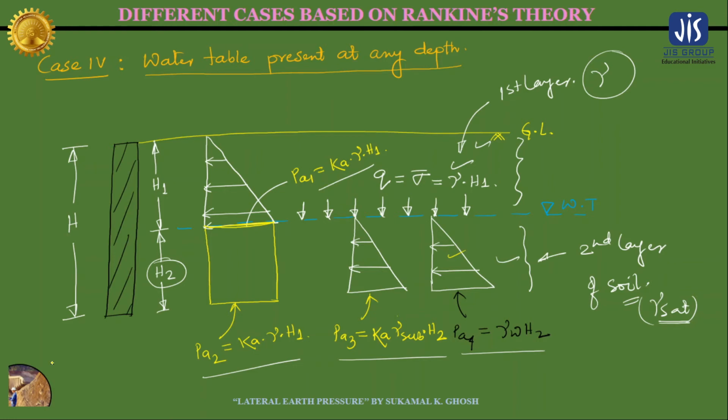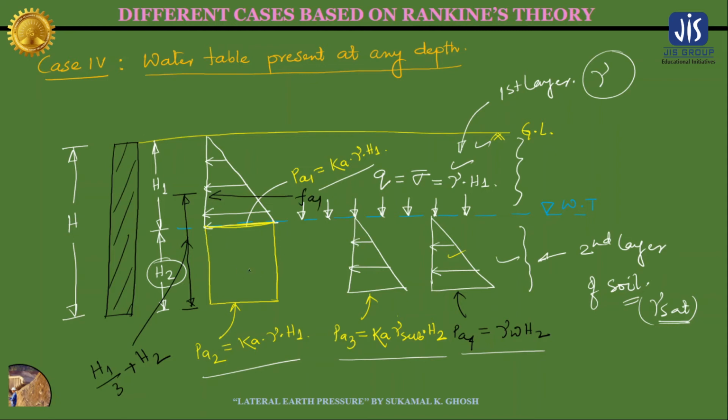Okay. So for this particular distribution, the active earth pressure force will act here, okay, and this depth will be h1 by 3 plus h2, okay, and suppose this is FA1, okay.